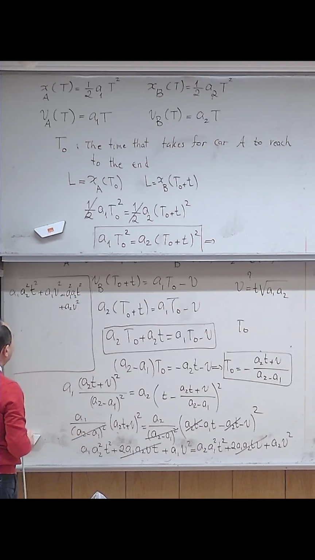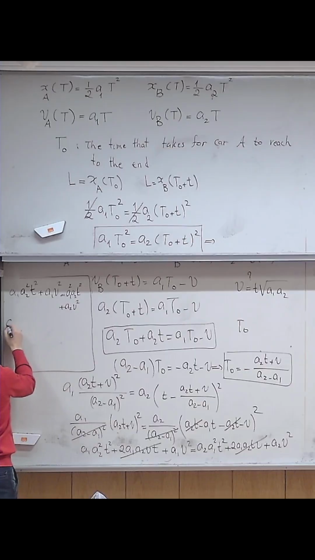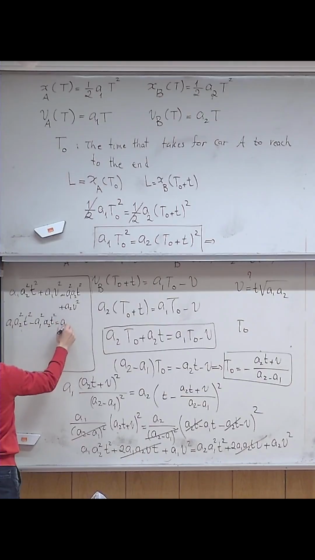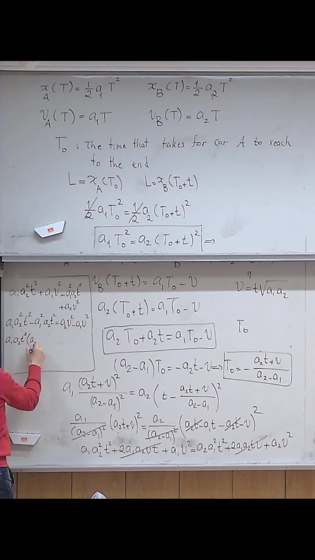But I think you see that we are done. Why? Because I move this term to the left. It becomes A1 A2 squared T squared minus A1 squared A2 T squared. And I keep this on the right. And I move this to the right, so it becomes minus A1V squared. But here, what I can do is factor A1, A2, and T squared out. From here, A2 is left. From here, minus A1 is left.